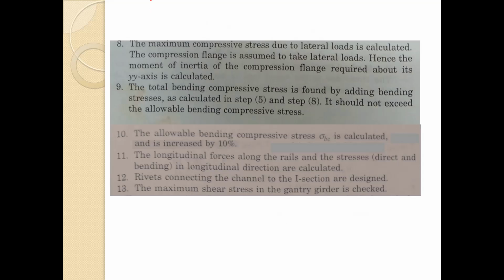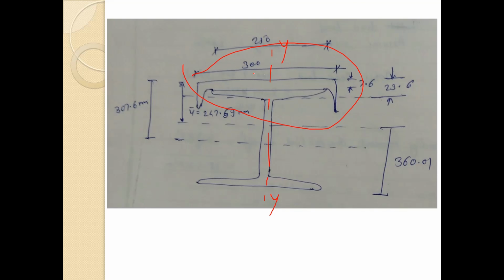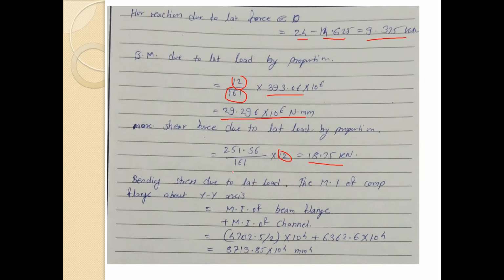That's why it is assumed, because it is free, and the lateral forces come on this particular compression flange. That's why we are checking only the compression flange for this particular kind of lateral loads.